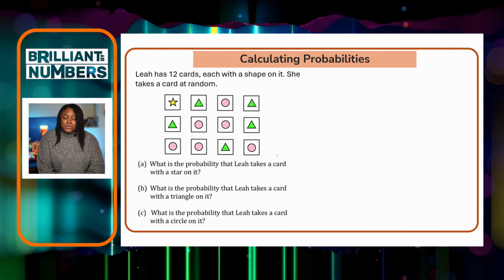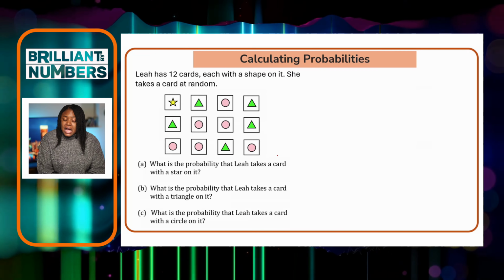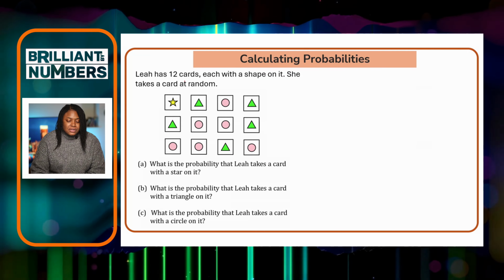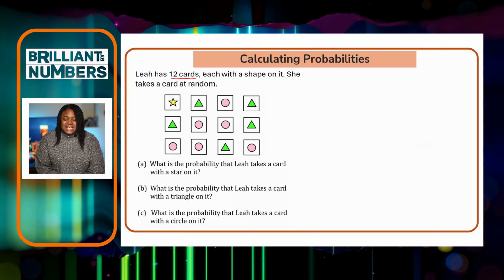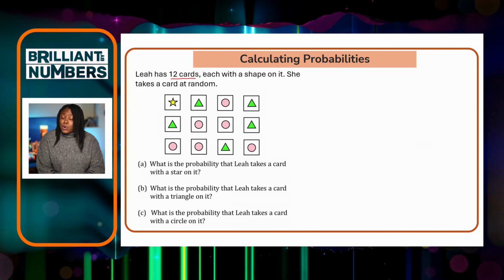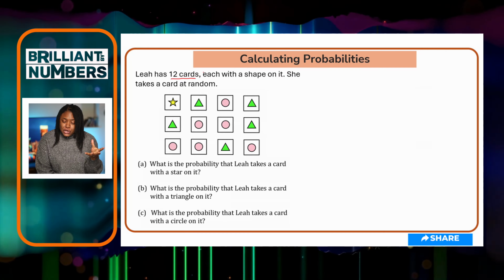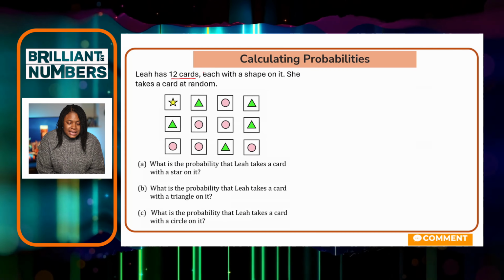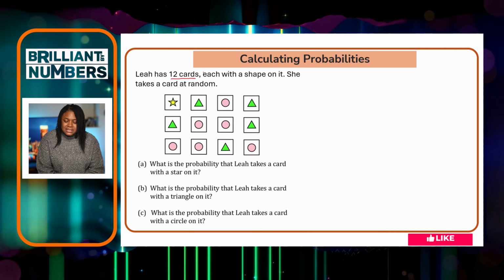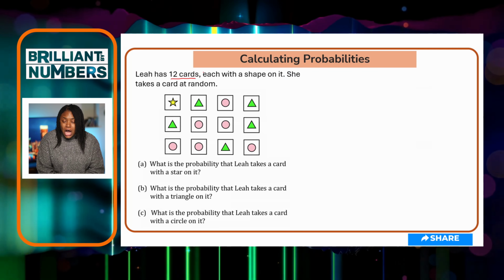So let's look at it as a question. We're calculating probabilities and we're told that Leah has 12 cards, so we underline that, each with a shape on it. She takes a card at random, which means from the total. And we are asked to calculate the probability Leah takes a card with a star on it.